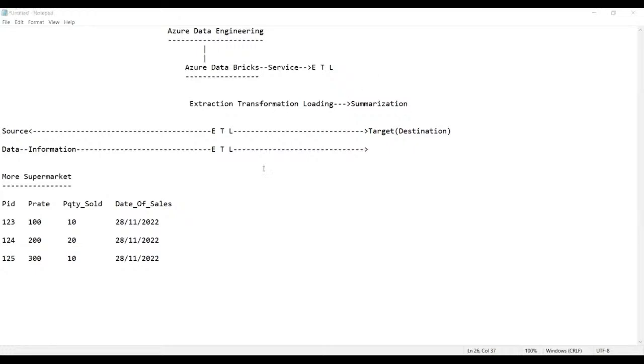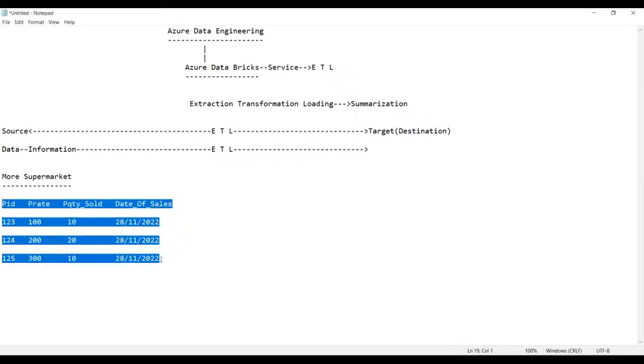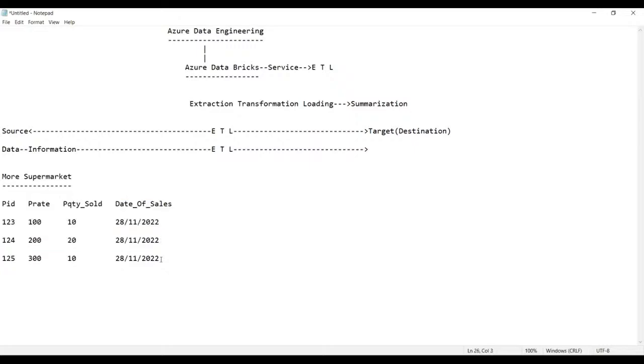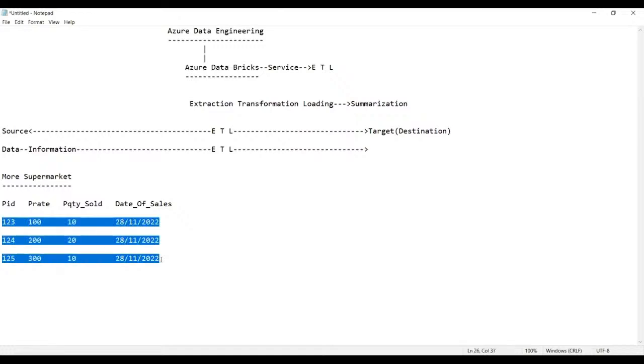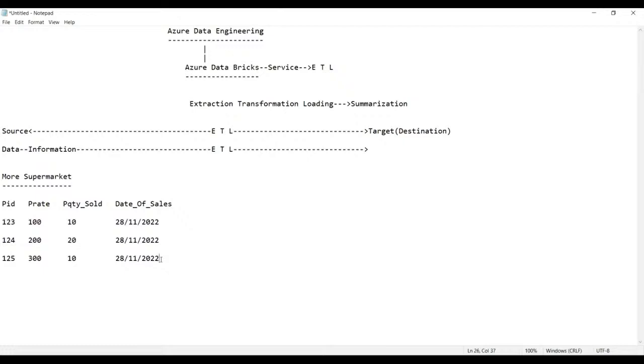Okay, now we have this. This is nothing but the first one. And now, guys, on the second day also the data is recorded. That means the second day data. I'm just having this 28th data. I want some other day data also here. That is, let us say, 27th.